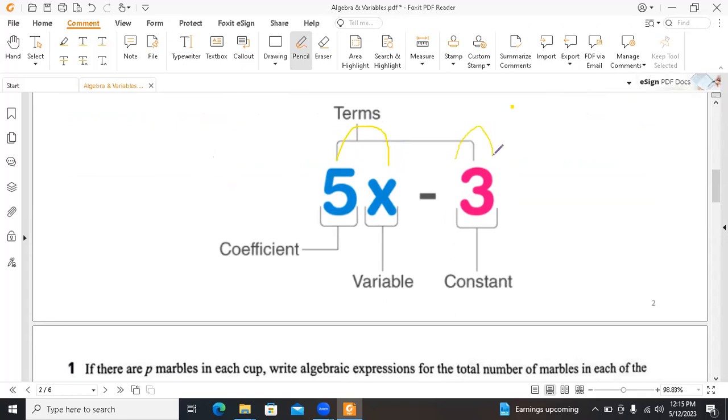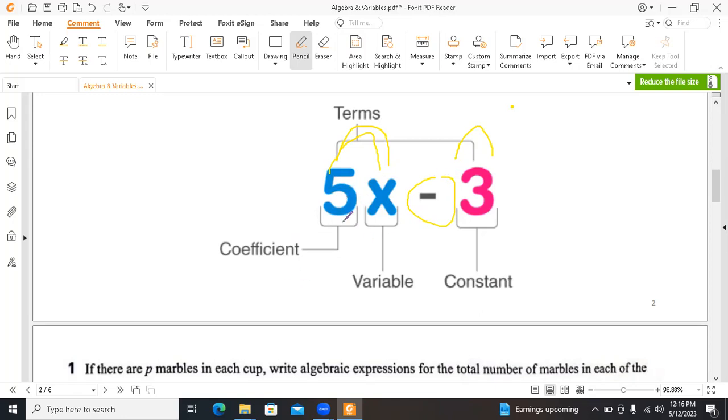Multiplication and division don't mean that we are going to count another term. So 5x is only one term. Only the minus, the difference, and the addition, the sum, are signs for beginning a new term.